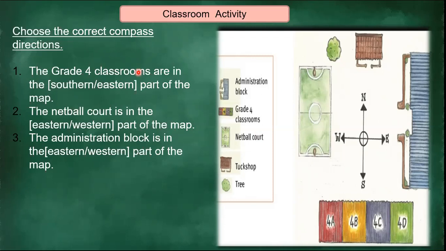It's on the eastern side of the school map. Yes, it is on the eastern side of the school. Thank you very much, Bandile. Because of time, guys, we're gonna move to the next question.